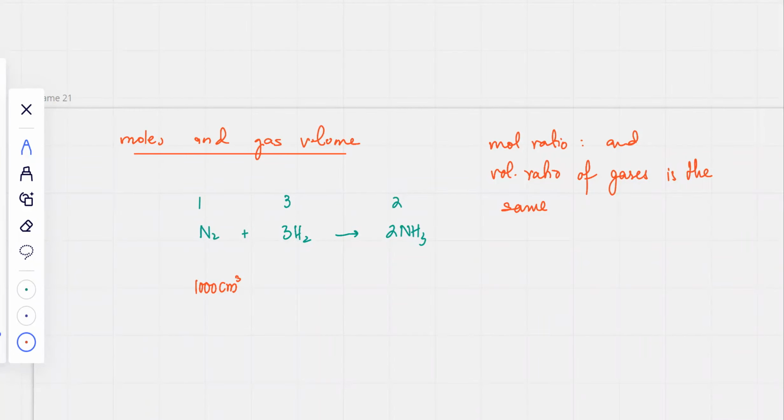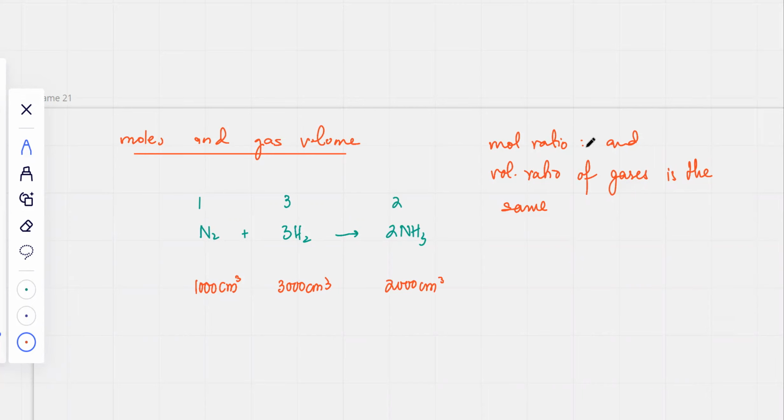So what that means is that if one molecule of gas reacts with 3 molecules of this other gas, then 1000 cm cube would react with hydrogen gas in the same ratio. It's going to be 3000 cm cube of this gas. You don't need to find moles. 3000 cm cube, 3:2. That means the amount of ammonia that would be produced is in the same exact ratio.